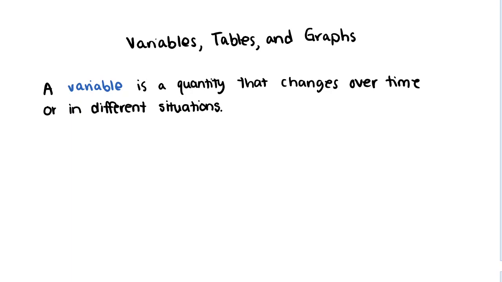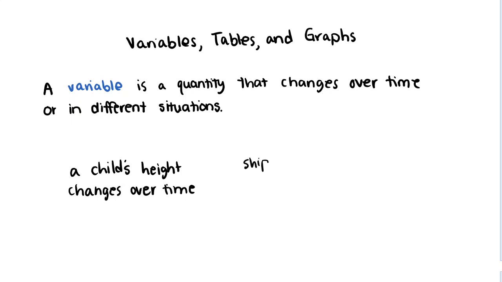Maybe something like a child's height can be thought of as a variable. Right, because this changes over time or as the child ages. Maybe another example might be the shipping cost of a package.